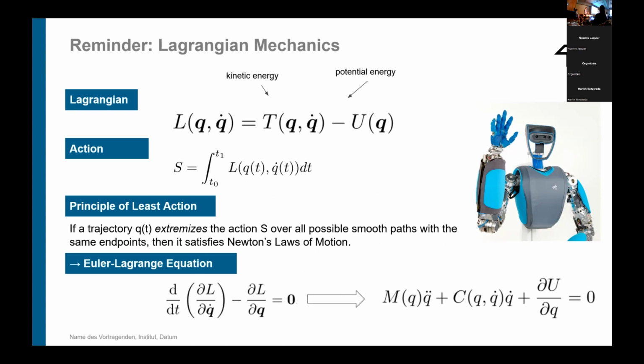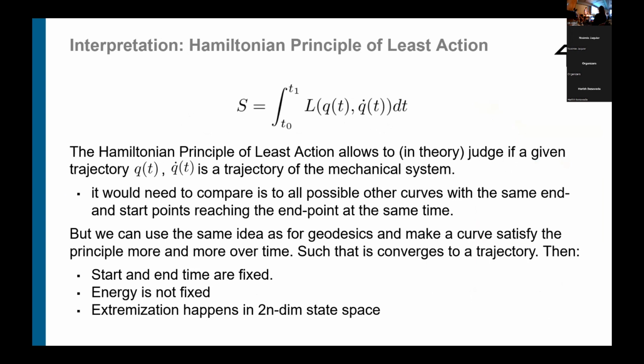I would like to look a bit more into the geometry of this action integral. Here's again a summary. This integral allows us to judge if a given trajectory of a mechanical system is a true trajectory, like one that the system would do. But to compute this we would need to evaluate it for all possible paths and check that the one we have makes this integral stationary.